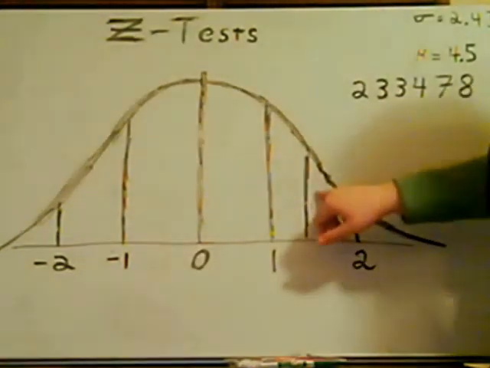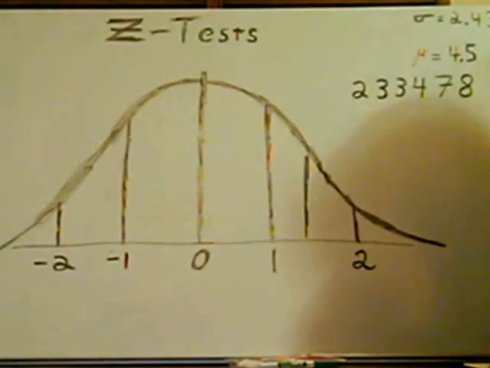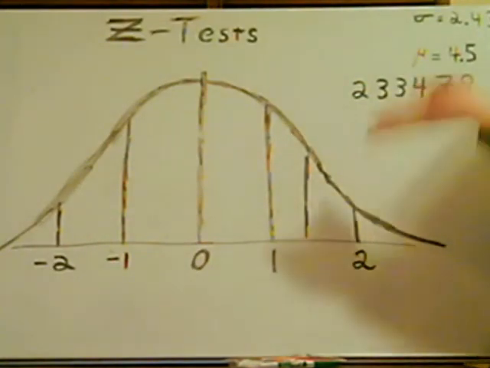That means that this z-score is in the 92nd percentile. And percentiles are as easy as that.